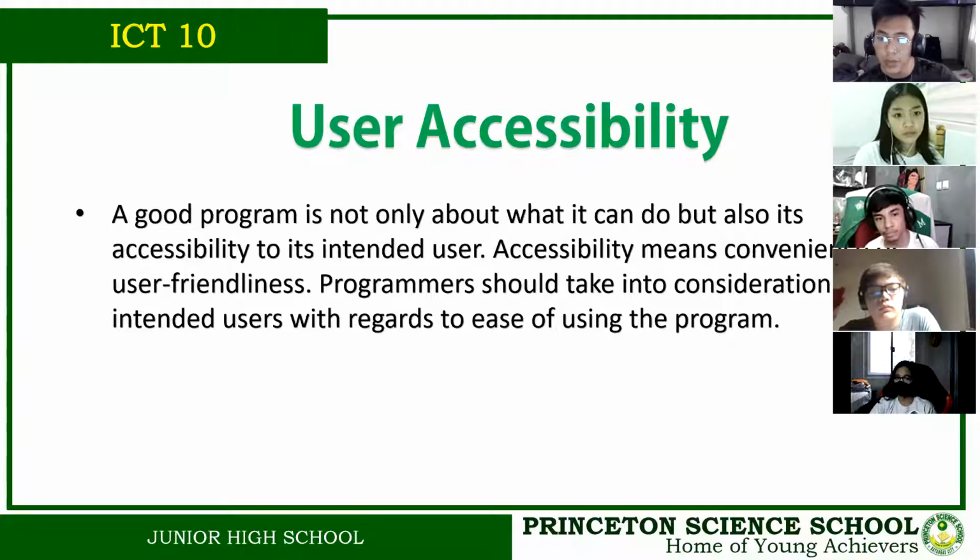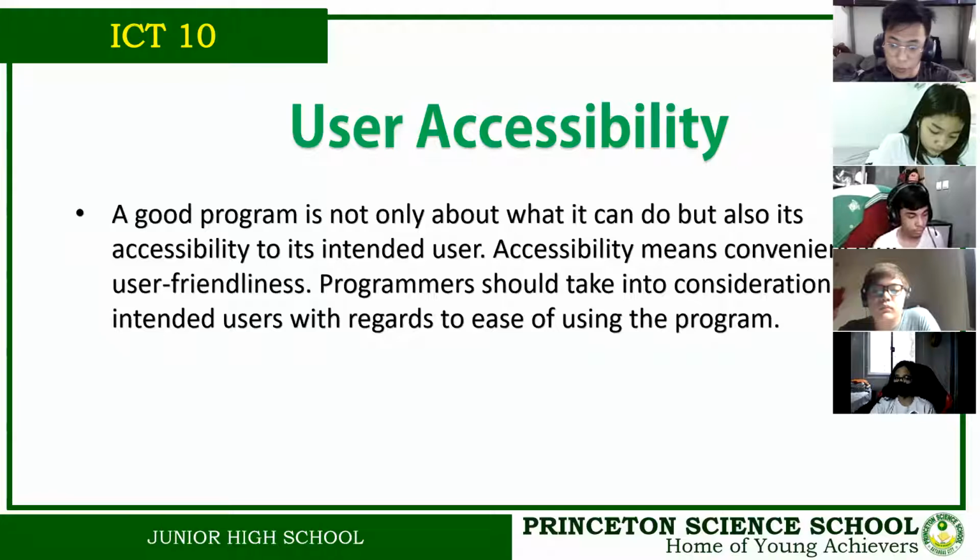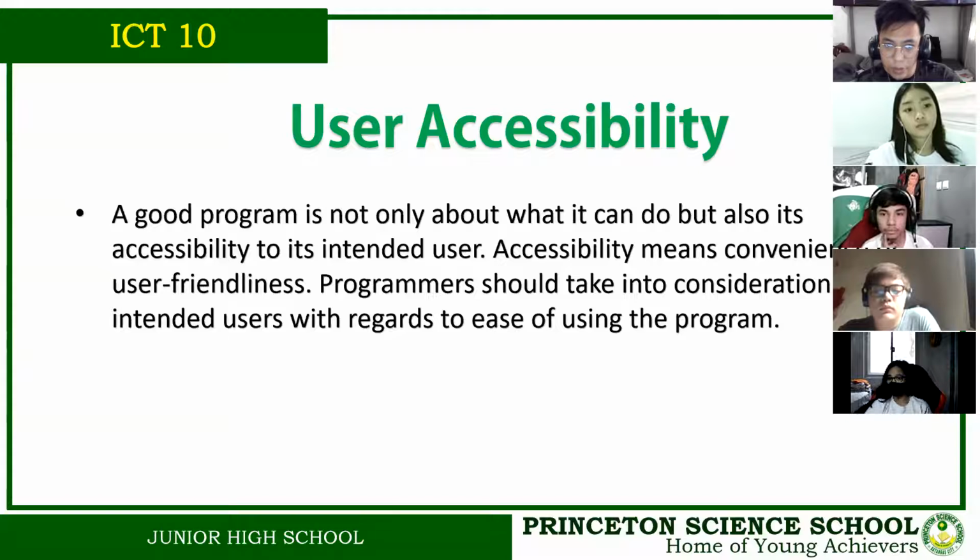It means how the program is going to perform in front of the user. Is the program going to be easy to understand? Is it foolproof? That is what you are going to think about first if you're going to create a program: the user accessibility.